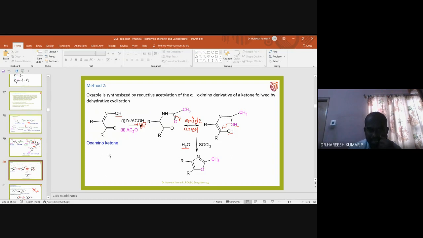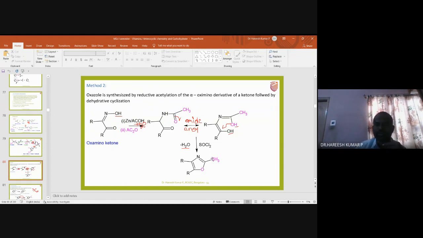So in simple way, it's not a simple way. You need to use the specific terminology called reductive acylation for this step. And from here to here is amide-enol tautomerism. From here to here, it's a dehydrative cyclization. Dehydrative means removal of water and then cyclization. So overall, what two steps are involved?